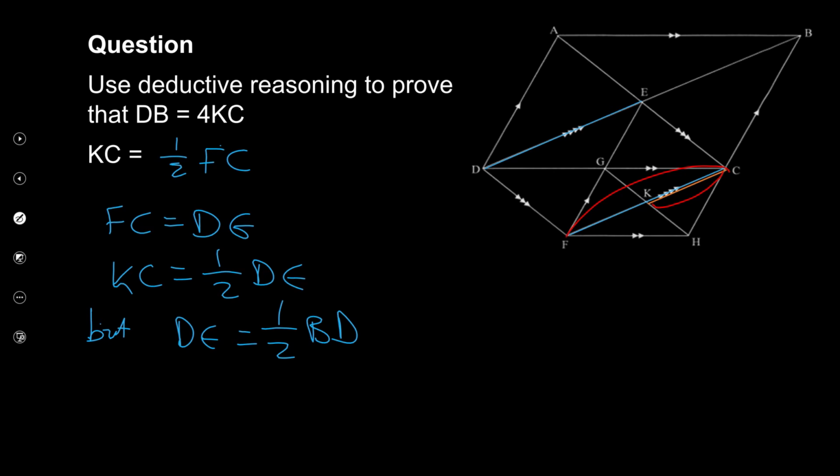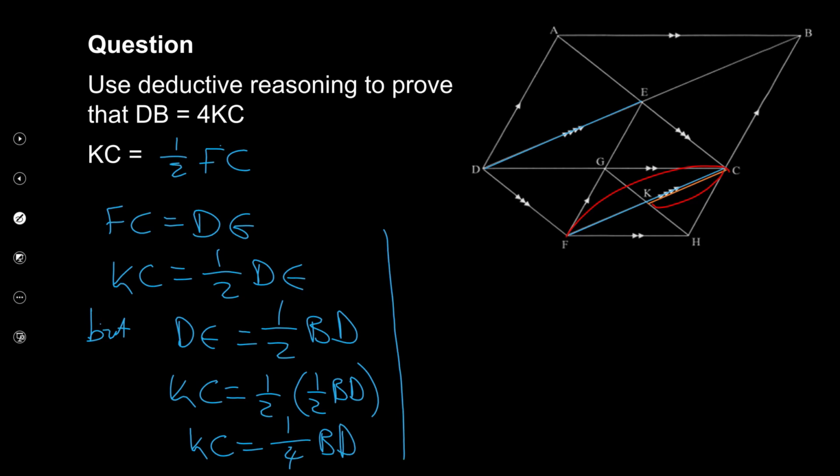So as a result, KC is equals to 1 over 2 into 1 over 2 BD. And then if I multiply them, I will get KC is equals to 1 over 4 BD. And if I want to simplify this further in order to write it the way they want it, I will then have BD is equals to 4KC, and that's how I will then need to prove this.